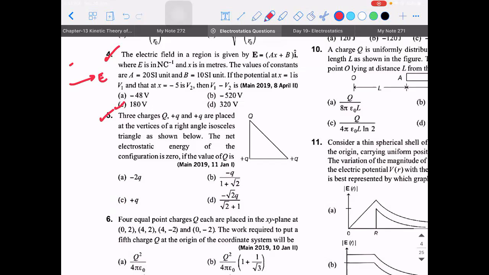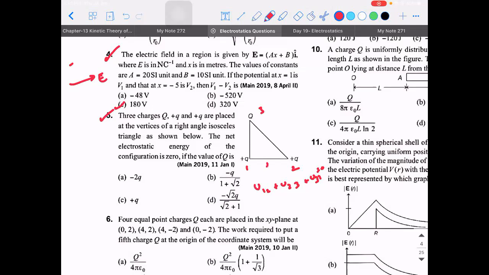So what are we supposed to do? The 1, 2, 3. So how many expressions? Total potential energy is equal to the sum of the potential energy between the two charge systems, right? So U12 plus U23 plus U31. Calculate it, equate it to 0, you will get the value of Q. Do it fast.